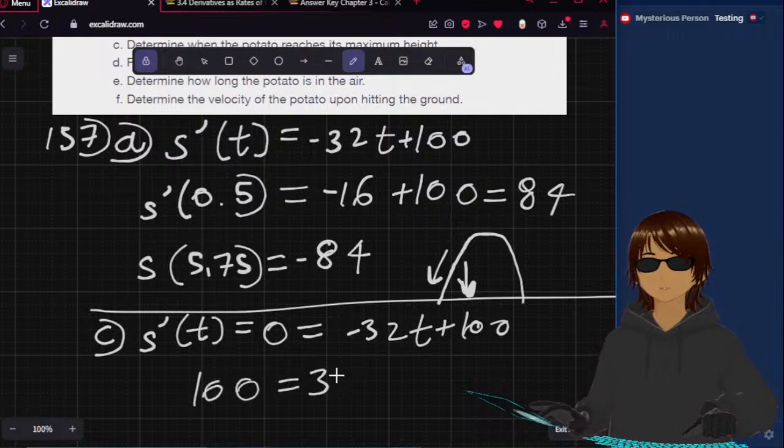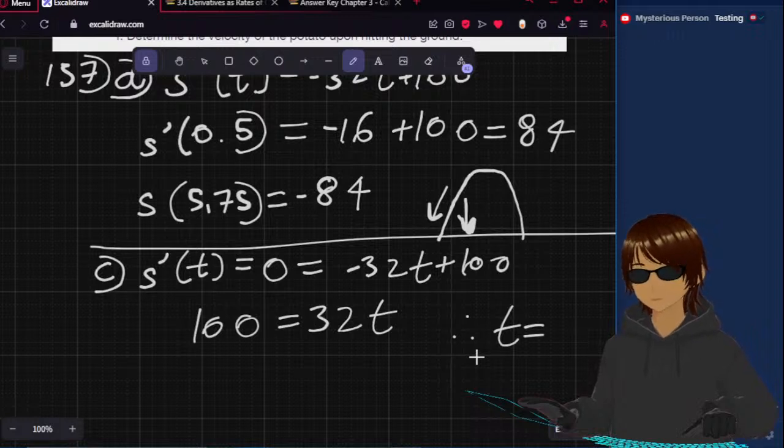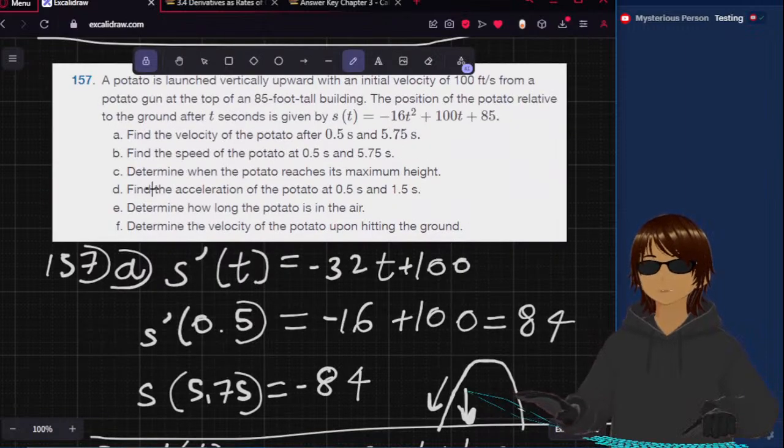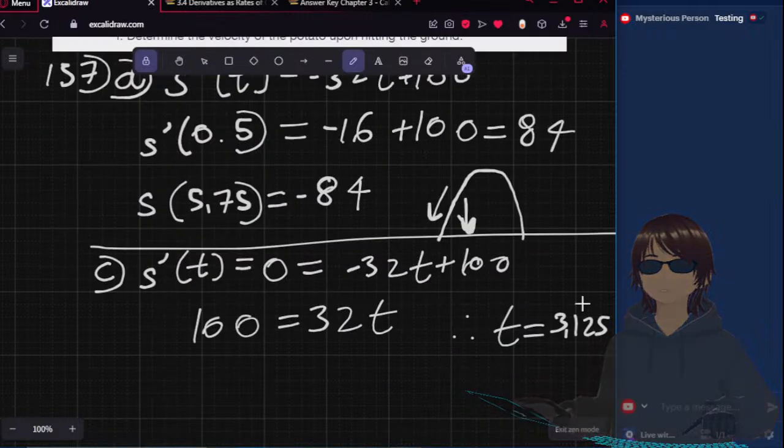That means t is 3.125. Now what? Okay, it reaches maximum height at this time.